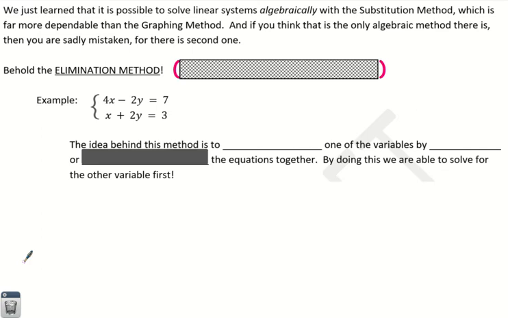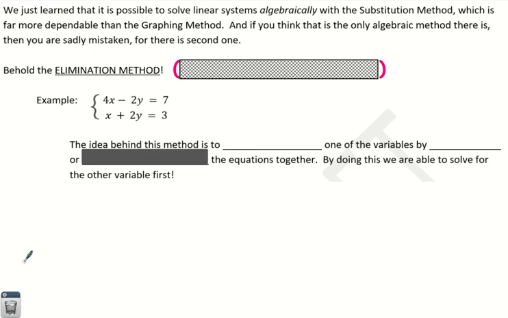3-2. And in the first half of 3-2, we learned the substitution method for solving systems of 2 equations. And that was an improvement over the graphing method. Again, not that the graphing method is awful.